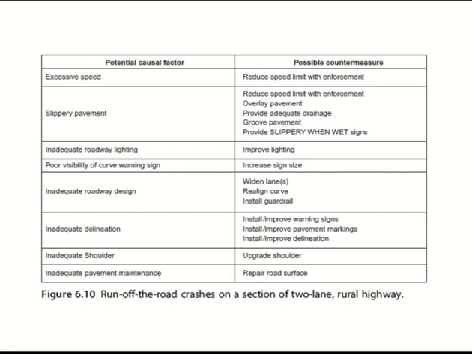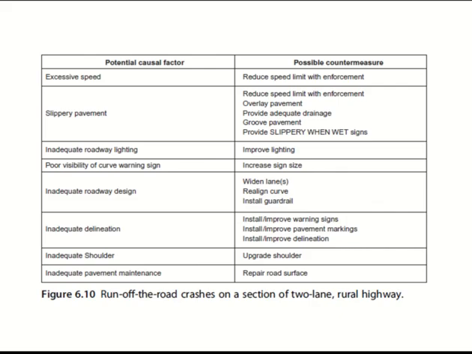So we have this option available, reducing the speed limit. This option is available. Reducing the speed limit, same thing. Overlay pavement, this option is available. Provide adequate drainage, this option is available. So these 3 options are available.